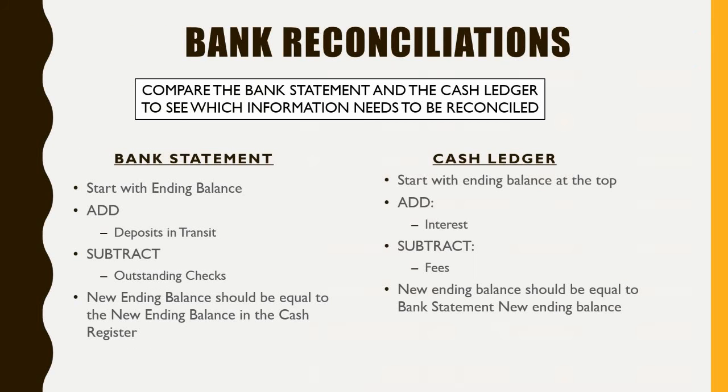And you're going to get your own ending balance at the end of the month. Okay? So how are we actually going to use the bank reconciliation? Ultimately, we're going to be comparing our bank statement to our cash ledger. And how we do so is, let's focus on the bank side first, okay? Now, on the bank side, what do you know that the cash ledger doesn't know?